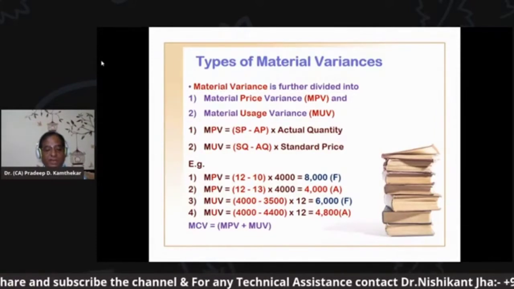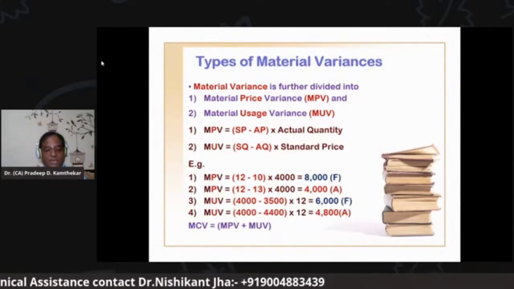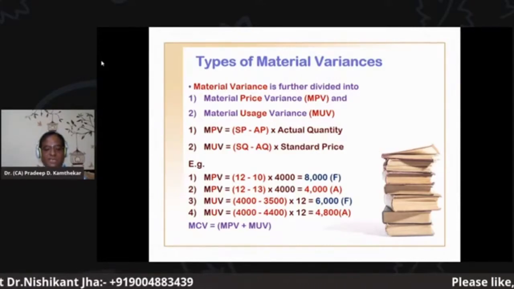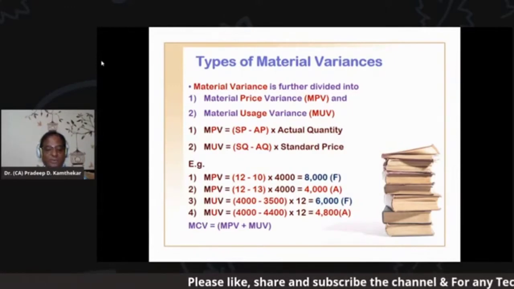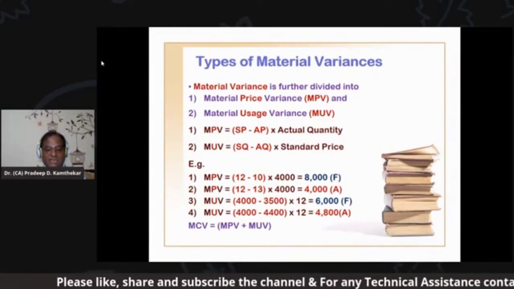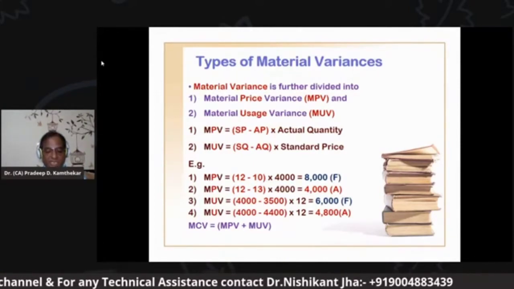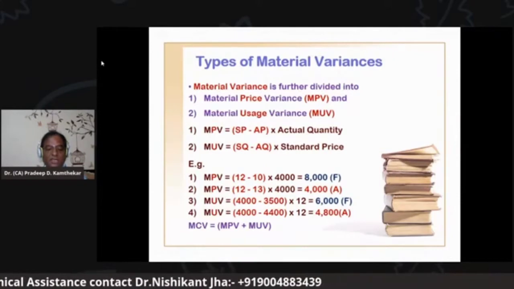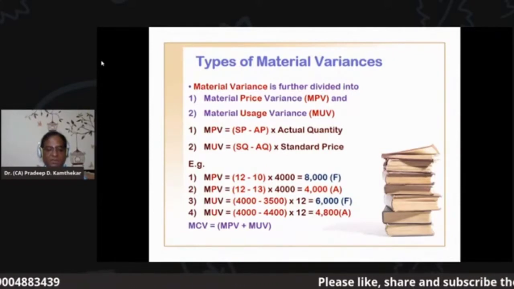So 500 kilograms of material is saved, and for these 500 kilograms, at the standard rate of 12 rupees per kilogram, the business has saved 6,000 rupees. So this is a 6,000 favorable variance on account of material usage, that is 500 units less used or consumed by the business of the given material.